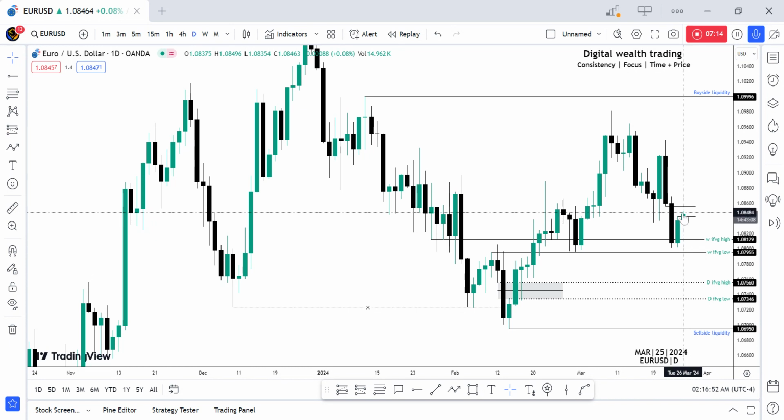If the fair value gap is still going to be utilized, how are we going to know offhand? We are going to see that from the lower time frame. Whenever we see any sign of a reversal on the daily time frame during the London or New York session, then we're going to make use of that area, that formation, that pattern, or whatever you call it, some form of characteristics that we find in the lower time frame.